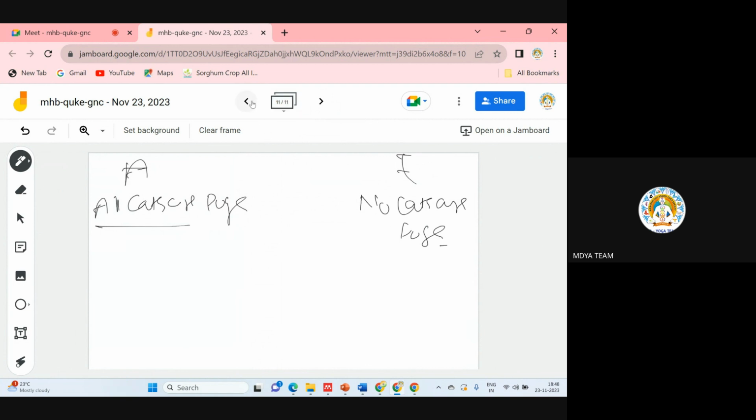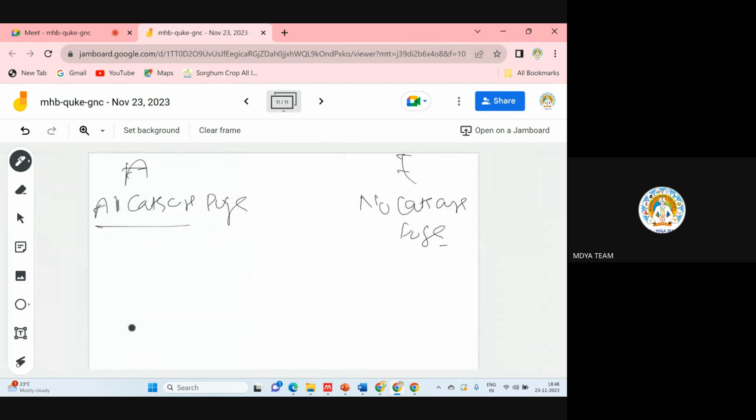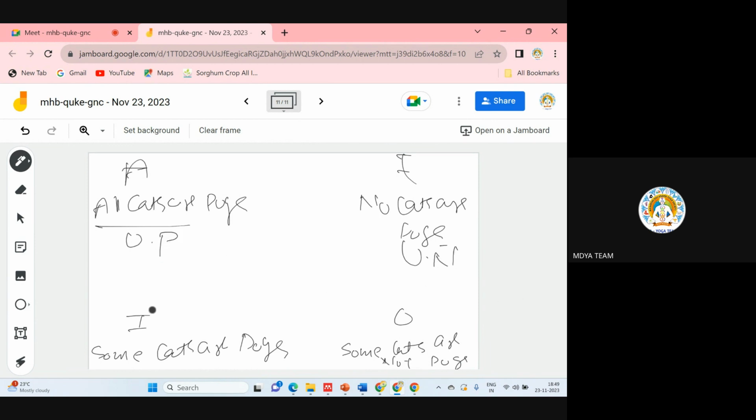Next is I-type statement, particular positive: some cats are dogs. And O-type statement: some cats are not dogs. So these are the four types of statements. This is universal positive, this is universal negative, this is particular positive and this is particular negative.